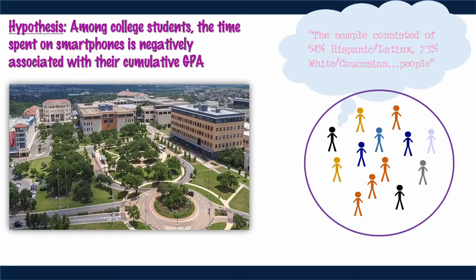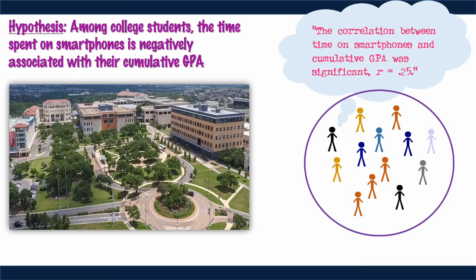Later in the report, I write, the correlation between time on smartphones and cumulative GPA was significant, with an r that's equal to 0.25. The r equal to 0.25 indicates to the reader the strength and direction, whether it's positive or negative, of that correlation.